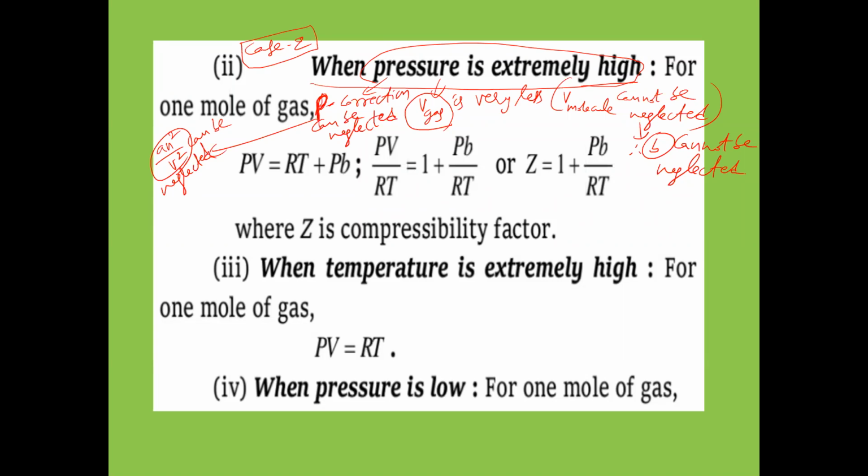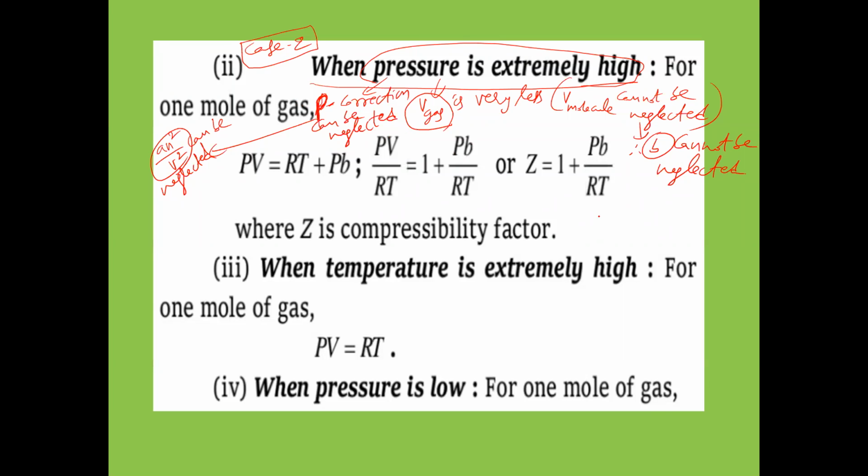So a n square by V square need not be written in the Van der Waals equation, because the pressure correction is neglected at extremely high pressure. But at extremely high pressure, volume becomes very less. In comparison to very less volume of the gas, volume of gas molecule cannot be neglected. That's why we have to take the volume of gas into consideration. So b cannot be neglected.